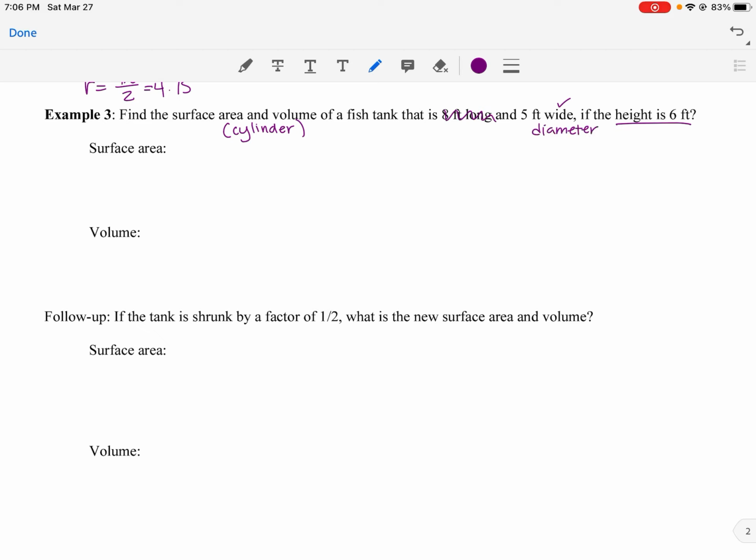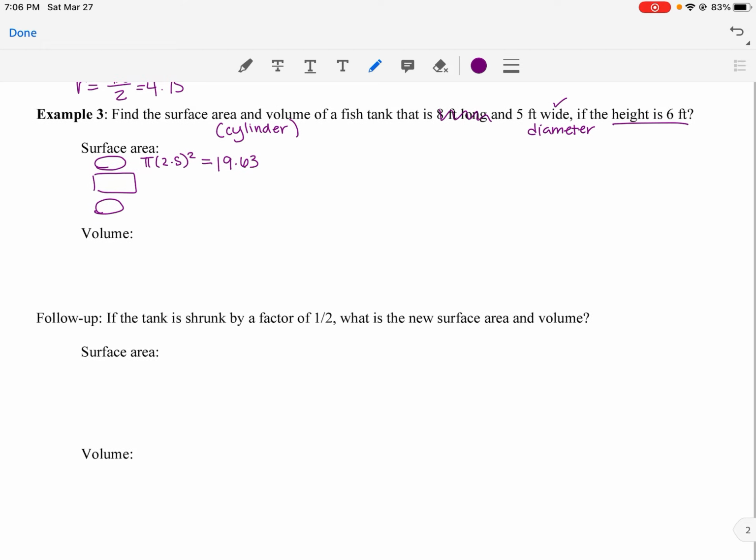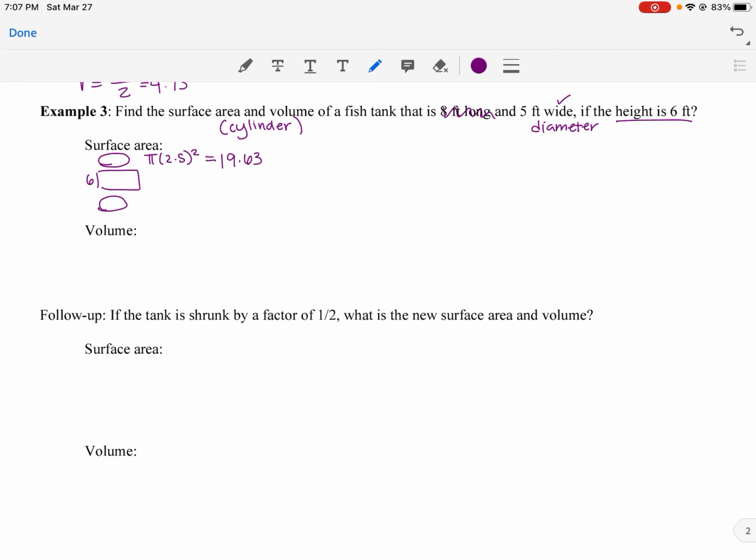Okay, so let's talk about surface area. If I think about the surface area of a cylinder, remember you've got the 2 circles and the rectangle in the middle. So the area of that circle will just be pi times 2.5 squared. Let's write everything in decimal form. So we end up with 19.63. The height here is 6 feet, and the width is the circumference, which is 5 pi.